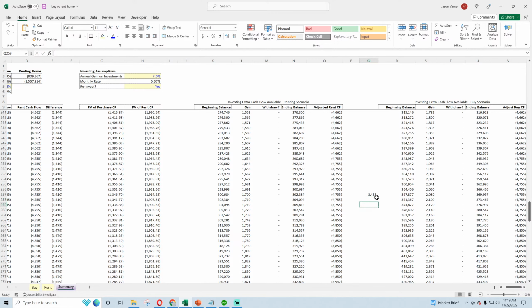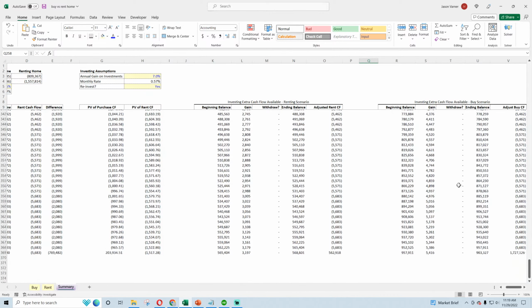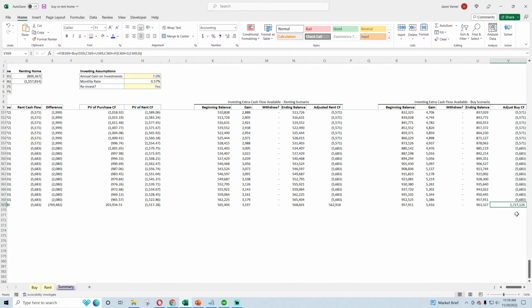Perfect, and that is. Okay, so that's good. Go all the way down, and now we have 1.7 million in the buy scenario because we have the value of the house plus the value of this investment that we did because it was actually cheaper to buy versus rent in the raw cash flow monthly payments based on our assumptions.